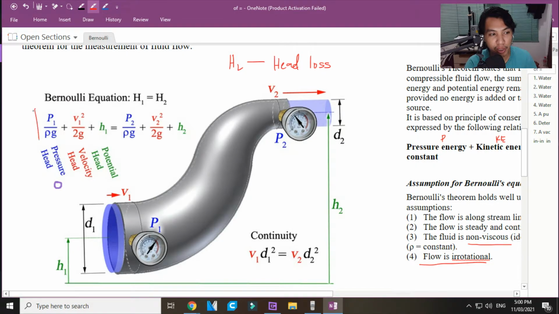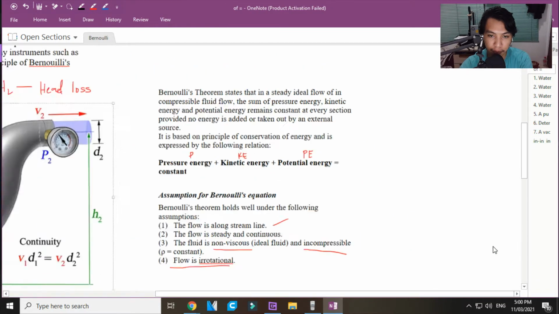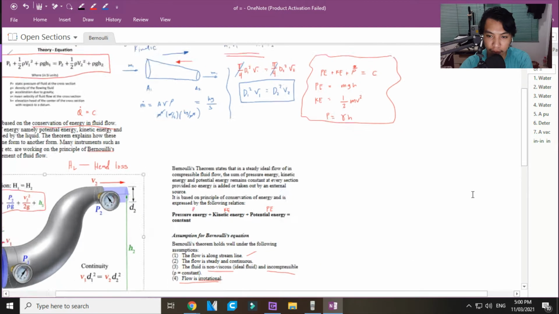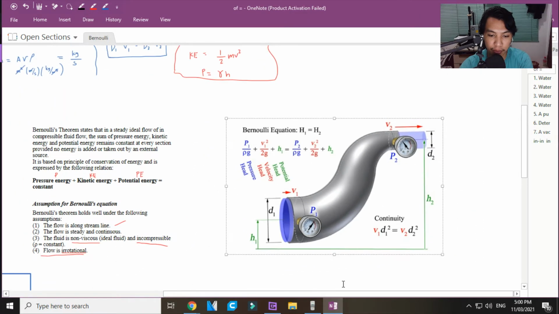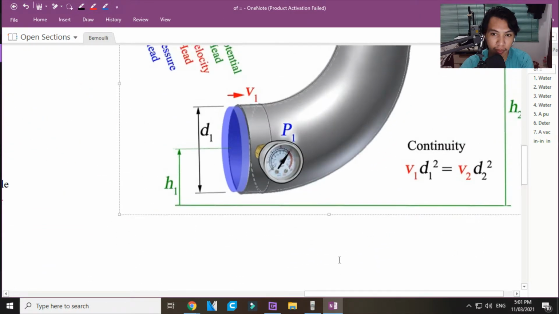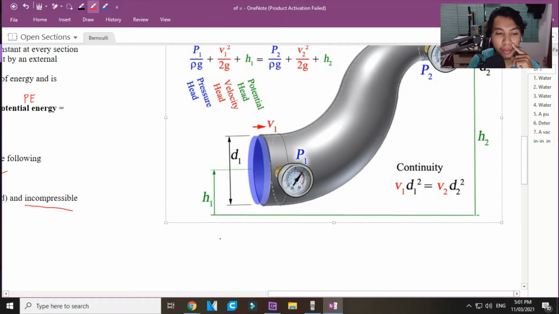this equation. Ngayon, sinimplify na yan, in order for you to measure the different heads na meron tayo. Okay? I-divide na natin siya ng gravity. Now, tignan nyo ha. Dito natin siya i-compute. Now, diba dito tayo nagmula?